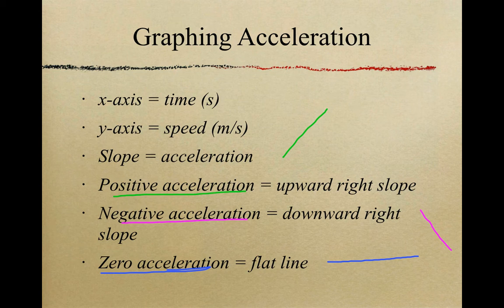Now remember what zero acceleration means. It means no change in velocity. Last week a flat line meant that there was no speed, which meant that the car wasn't moving. Here, zero acceleration means there's no change in velocity. We can still have speed though. It just means we are going a constant speed in a constant direction.